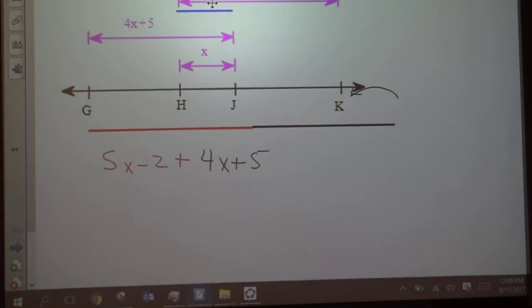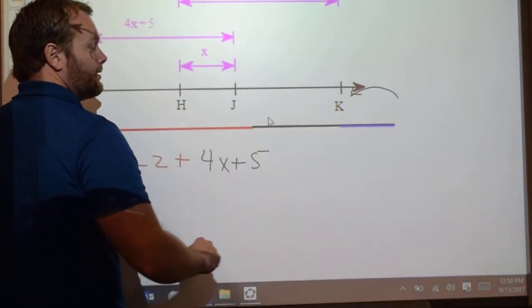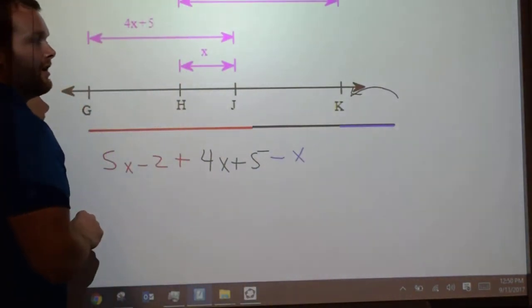It's also showing up in the 5x minus 2. So when I add those two things together, I've added this amount, that overlap of H and J, I've added it one too many times. So I need to remove it. Removing is what operation? Subtraction. So I need to remove that.